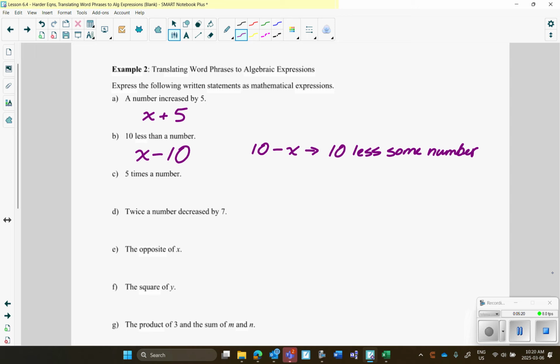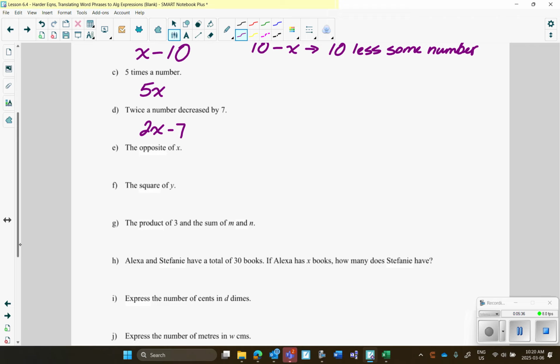5 times a number: 5x. Twice a number decreased by 7: 2x minus 7. The opposite of x: negative x. The square of y: y squared.